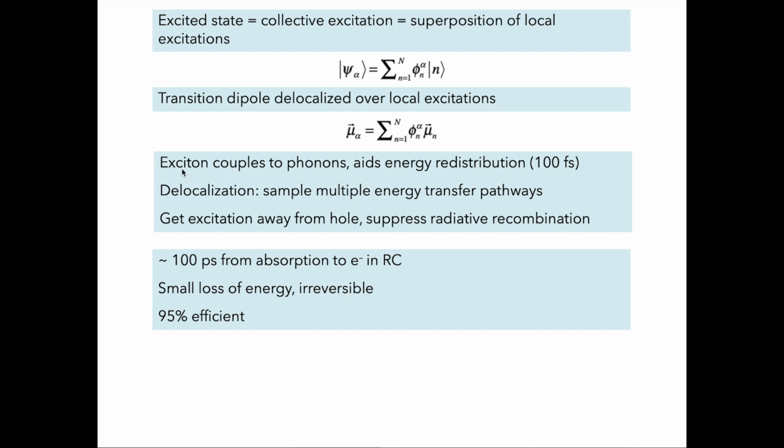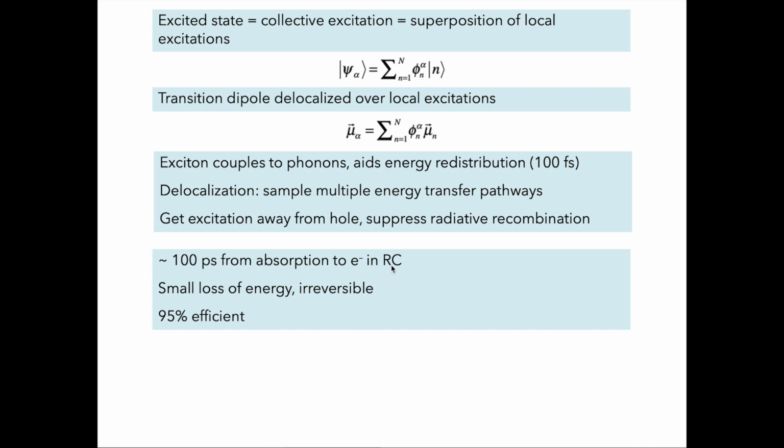Then the exciton, this excited state, couples to the phonons, the vibrations of the LHC, redistributes the energy, and we get this localized excitation turning into a delocalized excitation. It's able to sample a number of energy transfer pathways, and eventually it gets away from the vacancy in the ground state, so it doesn't recombine with it, right?